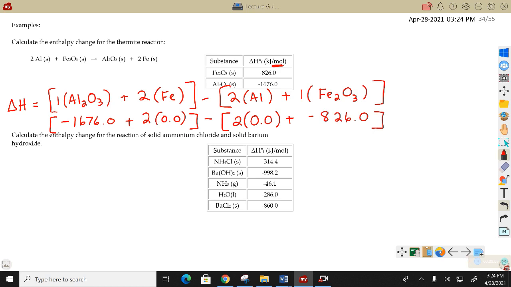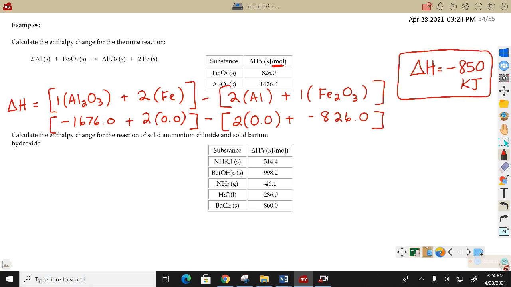Now I just plug it in my calculator, products minus reactants. Total energy of the products minus total energy of the reactants. I plug this in, and I'm getting a delta H of negative 850 kilojoules. It's that easy.